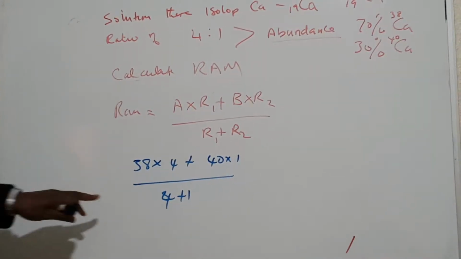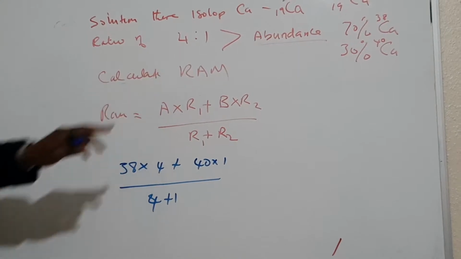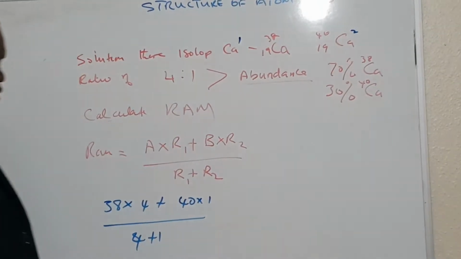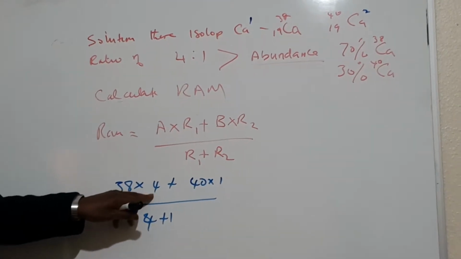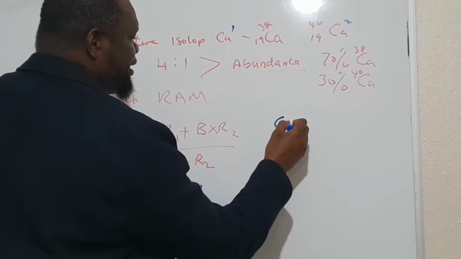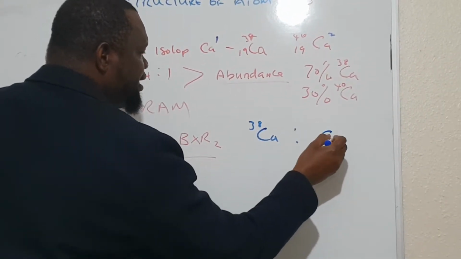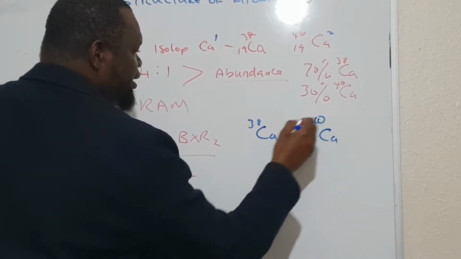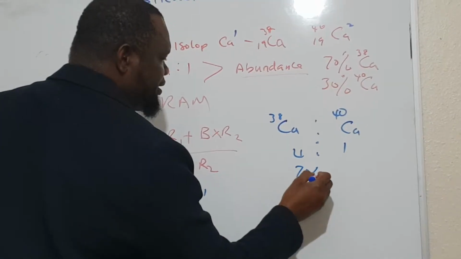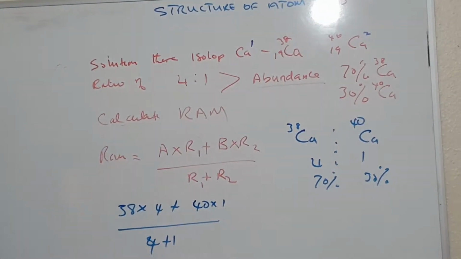So Ca38 to Ca40 is in a ratio of 4:1, or 70% to 30%. Do you see? Yes.